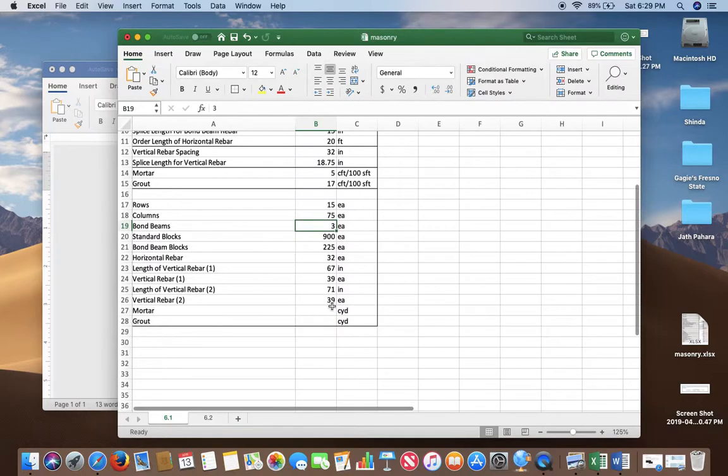Now we're going to calculate our mortar. The formula for mortar will be something along this line right here.